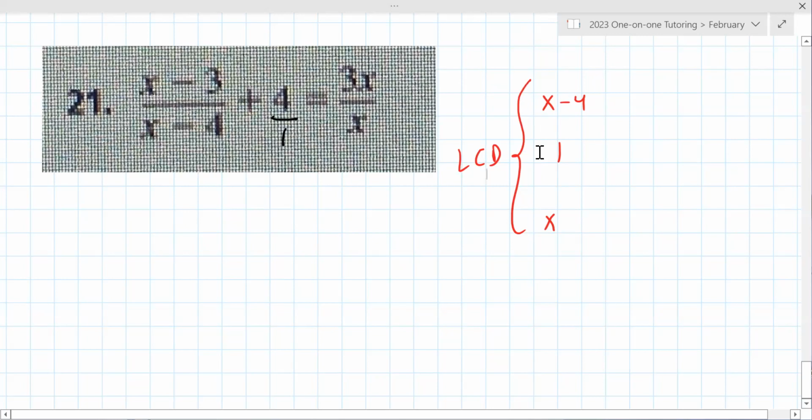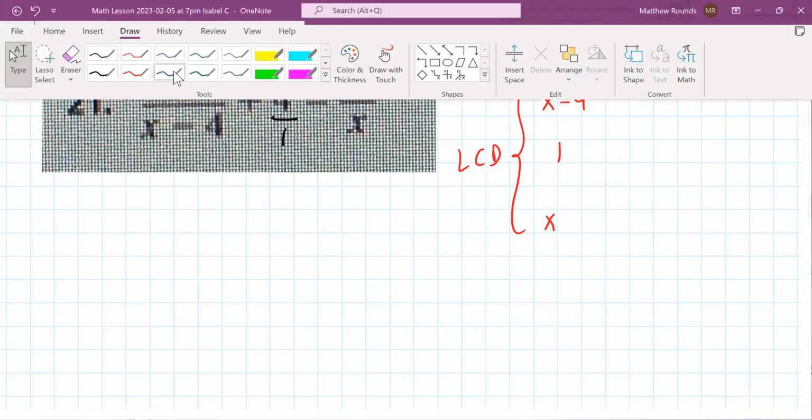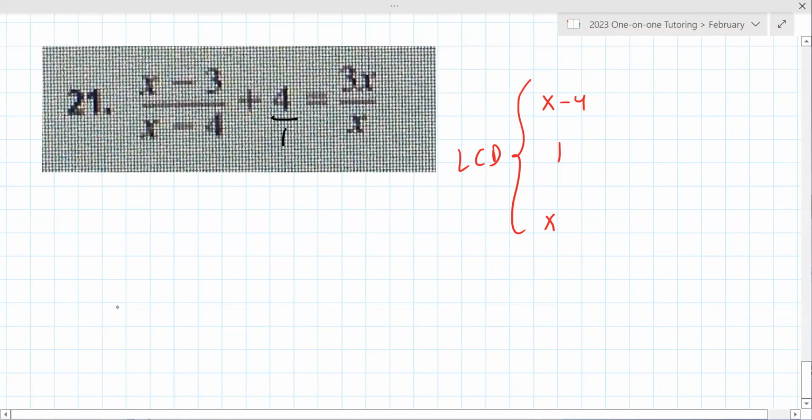It does work in this one, because there's a 1 there, multiplying it by 1 and then by x minus 4 and x is your LCD. We'll talk a little bit more about that in a bit, but you keep it in factored form. So you keep it as x times x minus 4, x times x minus 4. You do not multiply.